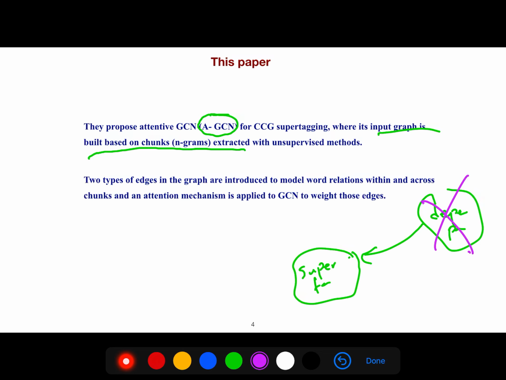adjacency matrix, we use just the n-grams, because if we know the n-grams, then we know which words are together, and then we create the adjacency matrix that this algorithm needs for supertagging.